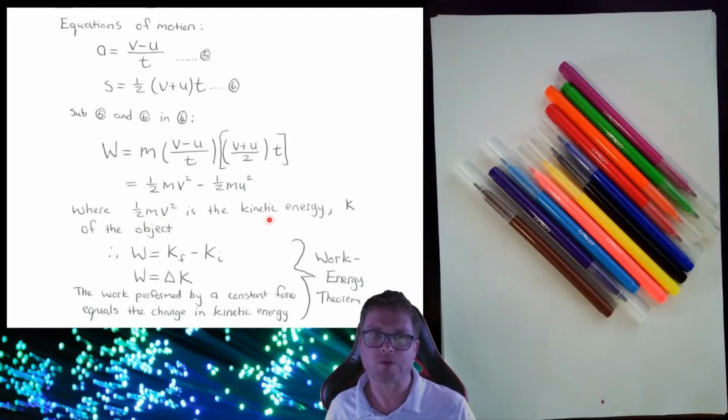So half mv squared is the kinetic energy of the system. Half mv squared will relate to the final kinetic energy. Half mu squared will relate to the initial kinetic energy. And whenever we have something in the form of a final minus initial, we write that as a change. So we end up with the work being the change in the kinetic energy, which is the work energy theorem.